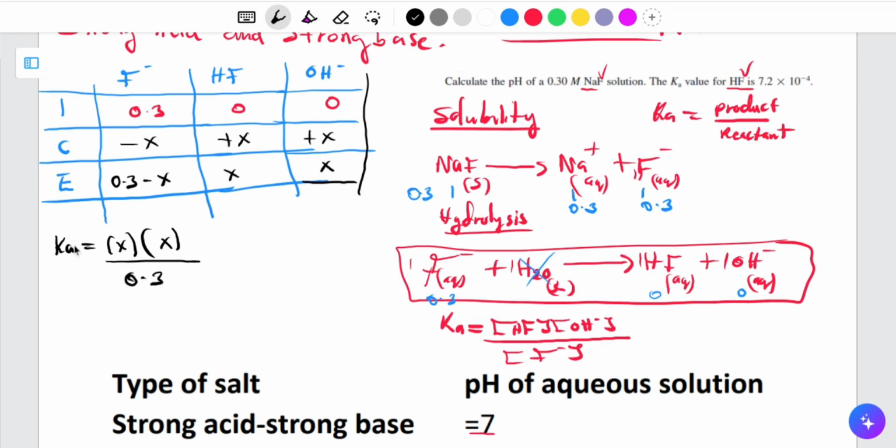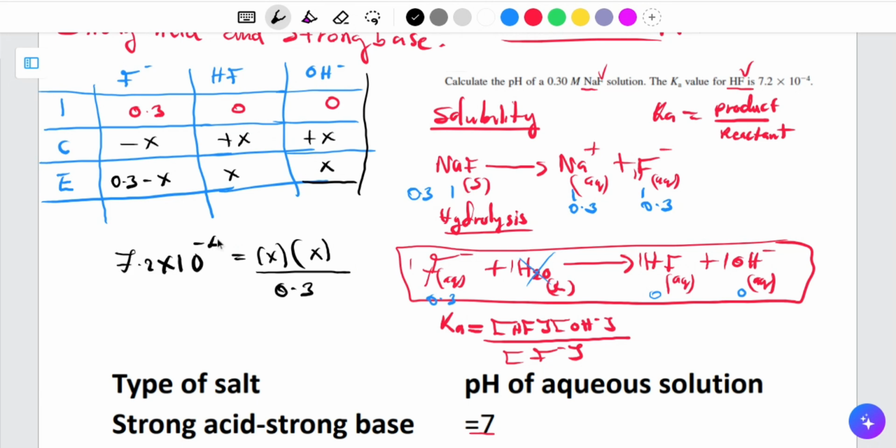Then our Ka, let me just write it here. So our Ka is 7.2 multiplied by 10 to the power negative 4. So we can do the multiplication there. So 7.2 exponent negative 4, then multiplied by 0.3. Okay. Then I'm going to have, so here if I multiply, I'm going to have x squared. Then here 2.16 multiplied by 10 to the power negative 4.